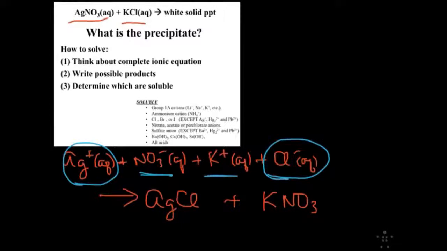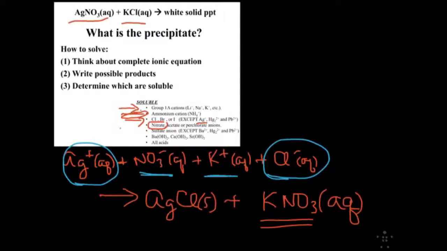And then I look at my solubility chart and I say, okay, Cl is soluble with almost everything except silver, so that's going to be a solid. KNO3 has both the group 1A and the nitrate, so that's going to be aqueous. It's not going to form a solid. So my white solid precipitate must be silver chloride.